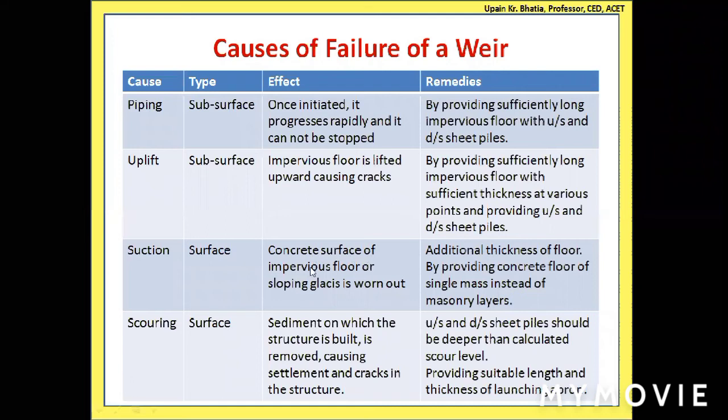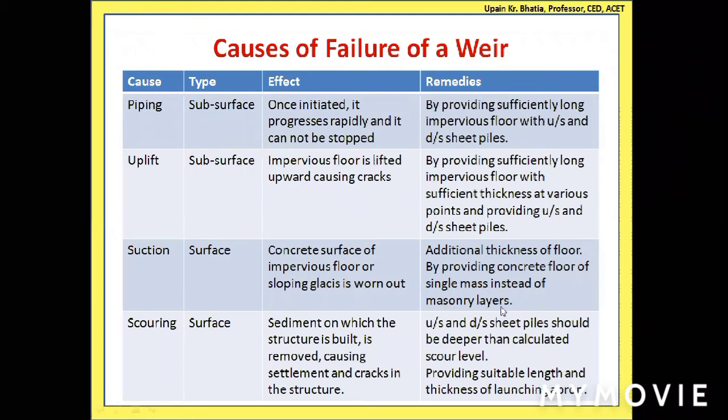So the concrete surface of the impervious floor or sloping glacis is worn out because of this suction effect of the high velocity water jets. How to prevent it? Additional thickness of the floor is provided. Whatever is the design thickness, we have to provide more thickness than that, so that some wearing out of the surface can be accommodated. Safety can also be provided by a concrete floor of single mass instead of masonry layers.